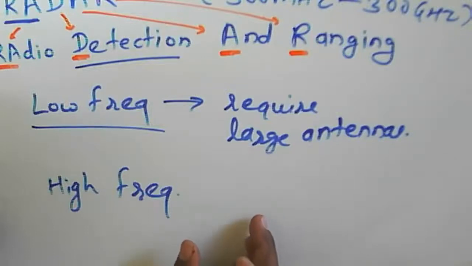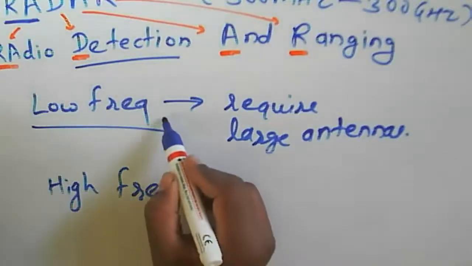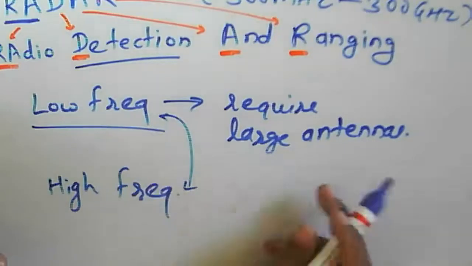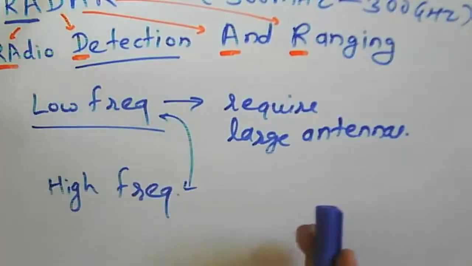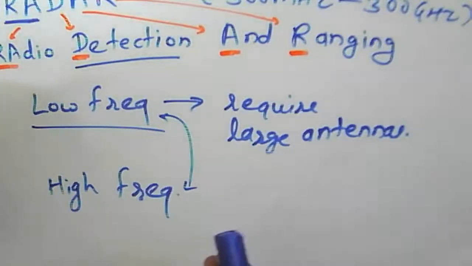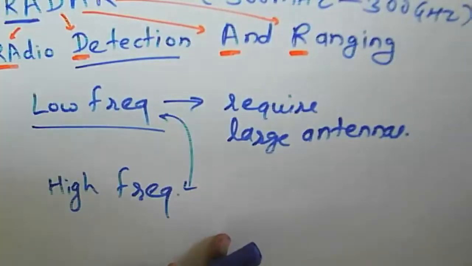Generally we consider that the power requirement, antenna requirement, as well as the accuracy of the particular range will be minimized if we are using a high frequency radar. We'll talk later in detail about the requirements for high frequencies.